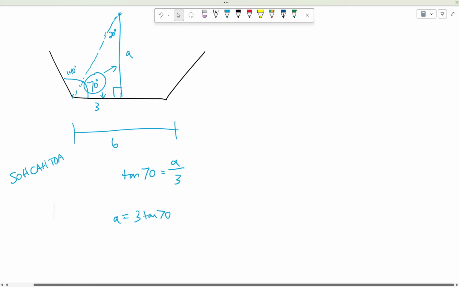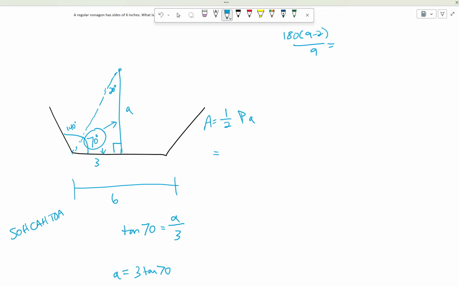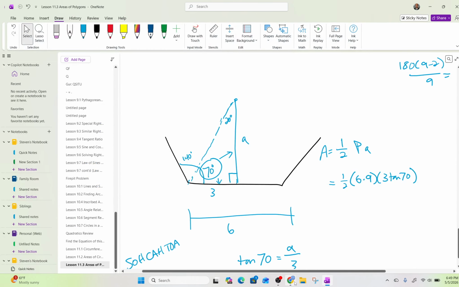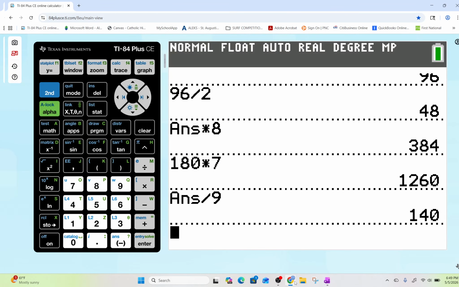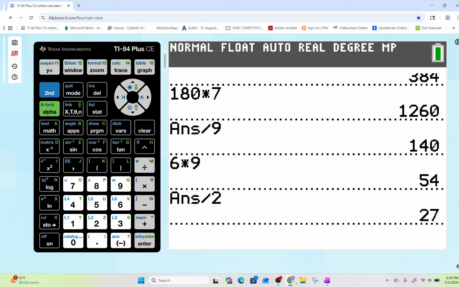Okay? Going back here, I have 1/2 of the perimeter times the apothem. Well, the perimeter is sides of 6, but there's 9 of them, and the apothem is 3 times the tangent of 70. So 1/2 of 6 times 9 is 27.